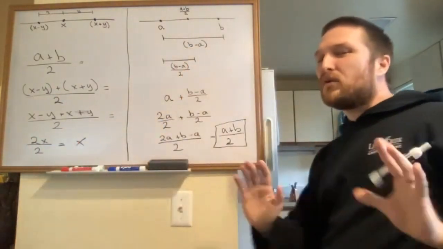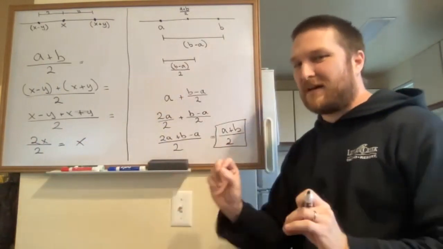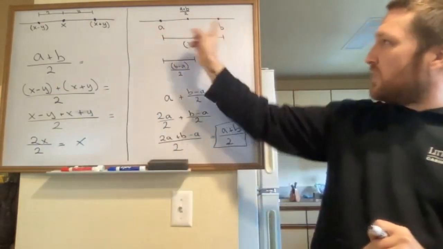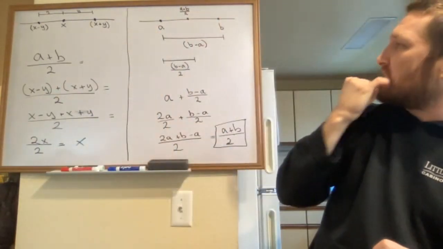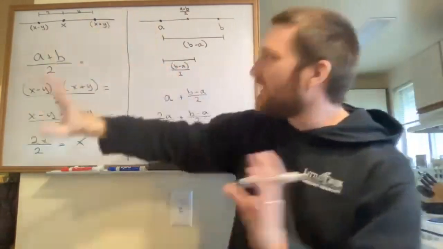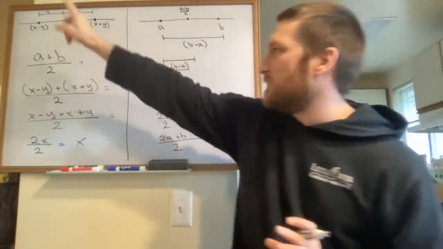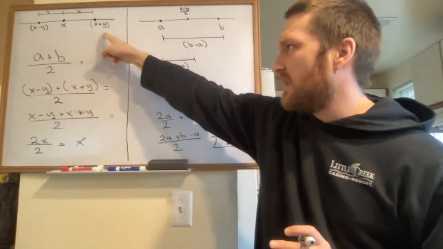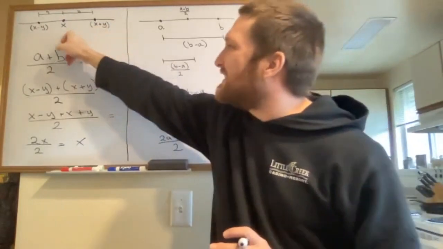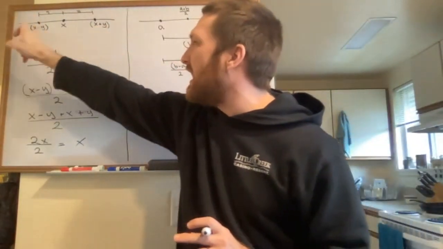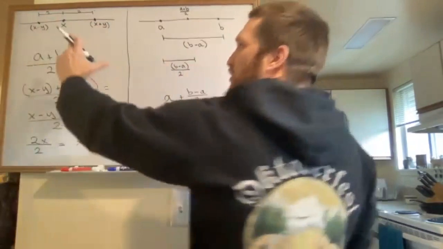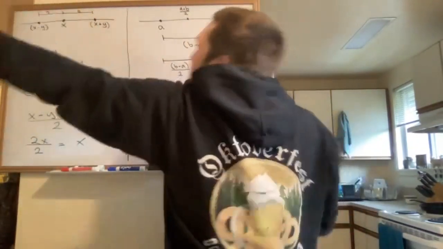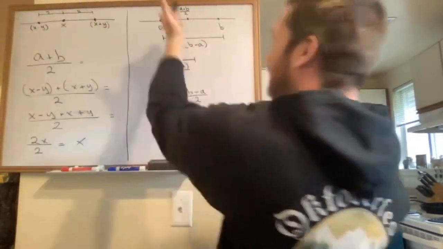There's nothing new going on here. I just wanted to solidify in our minds that halfway between two numbers is the average of the two numbers. So similarly, if I'm at a point in the middle and I go any distance to the right, I end up somewhere else. But if I go that exact same distance to the left, then I should be at the exact middle between them, because that's how we define the midpoint. That's how we started all this off.